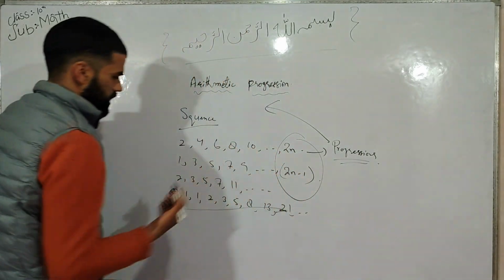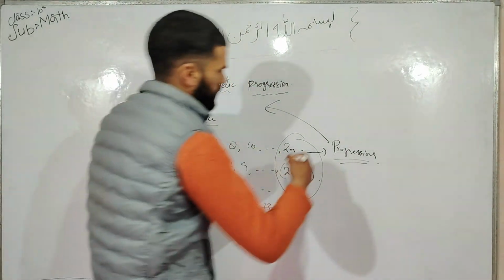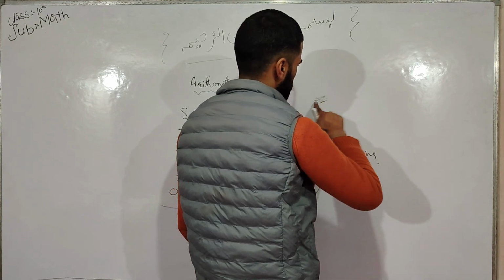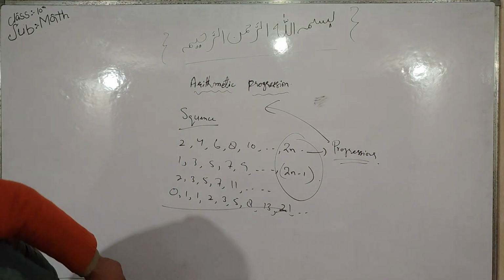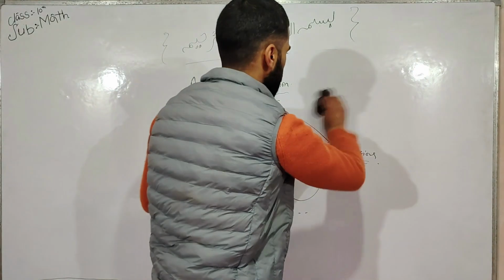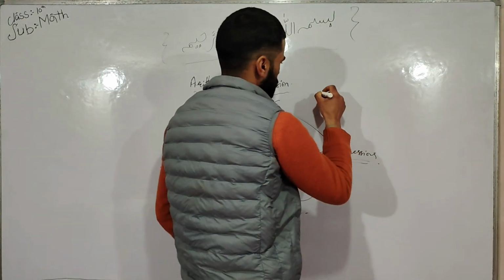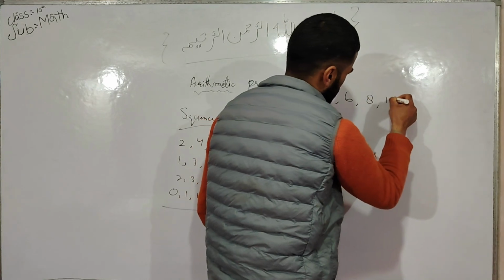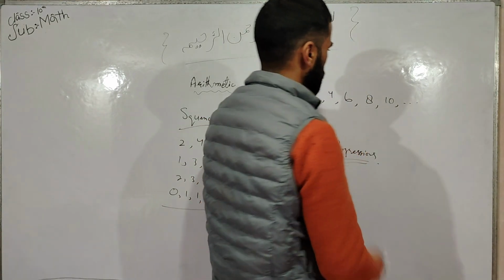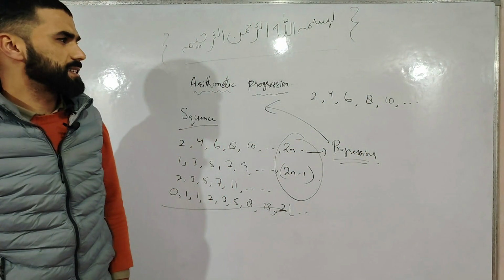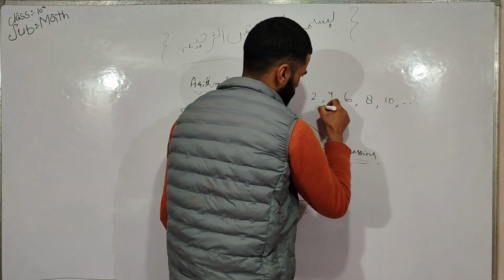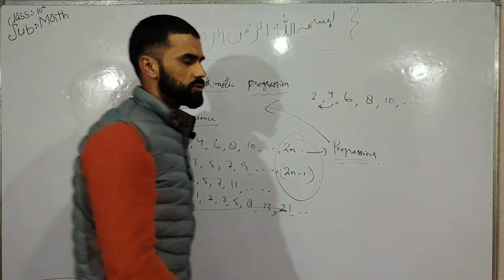For example, if we have the sequence 2, 4, 6, 8, 10 and so on, this is an arithmetic progression in which each term can be found by adding a fixed number to the preceding term.